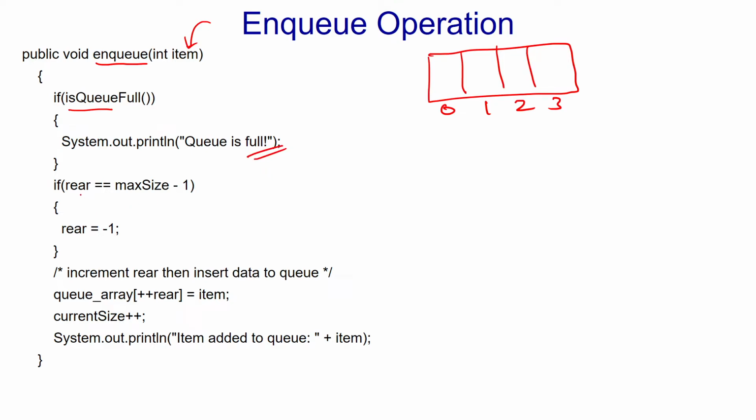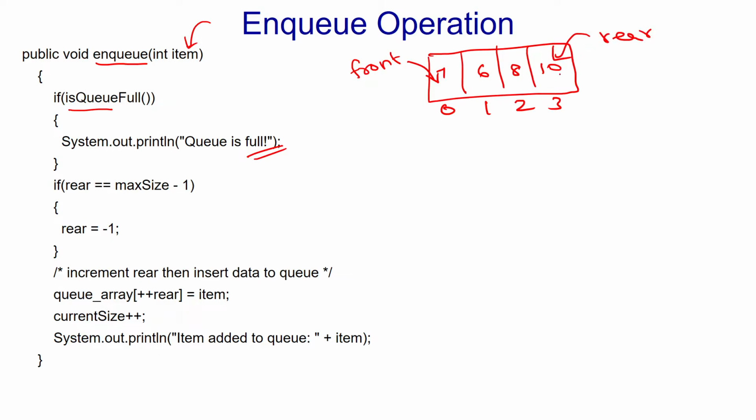Otherwise, check if rear equals maximum minus 1. Suppose here I have the data 7, 6, 8, 10. The first data is indicated by the front variable, and the last data is indicated by the rear variable.